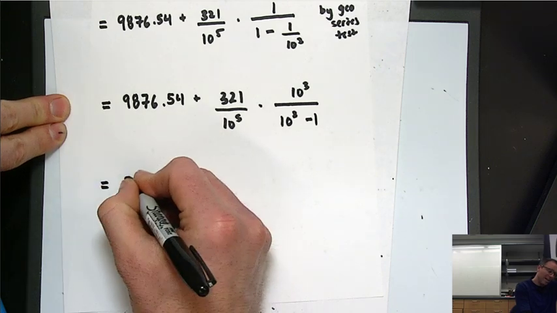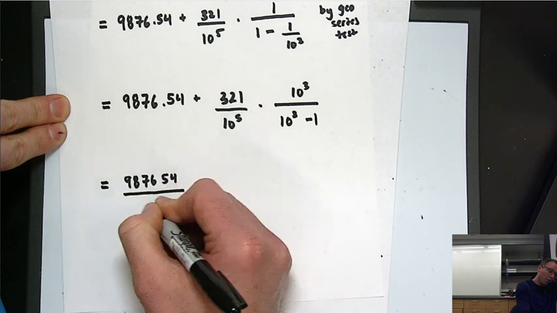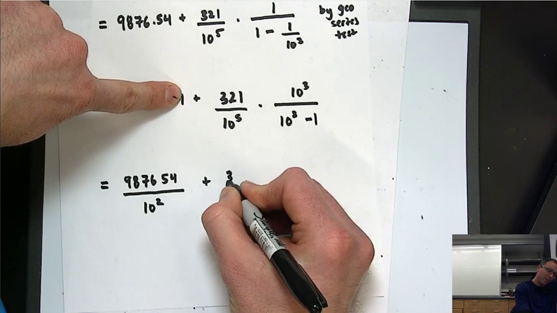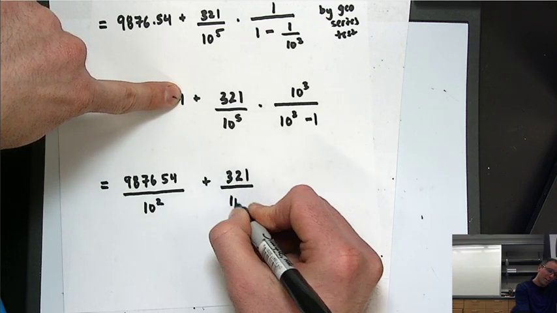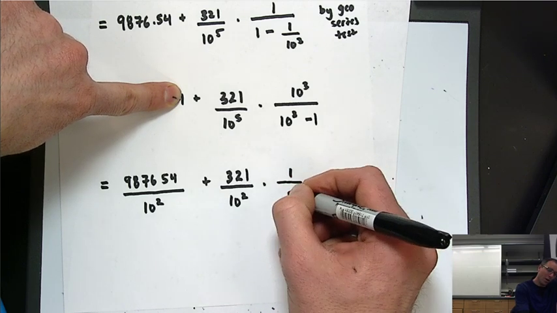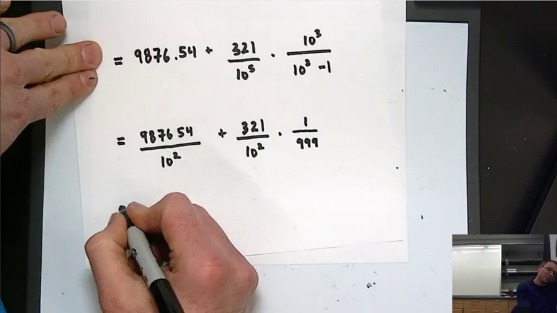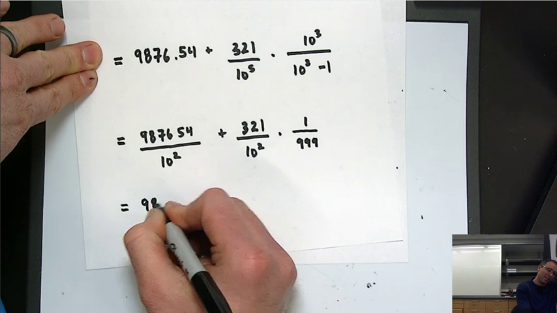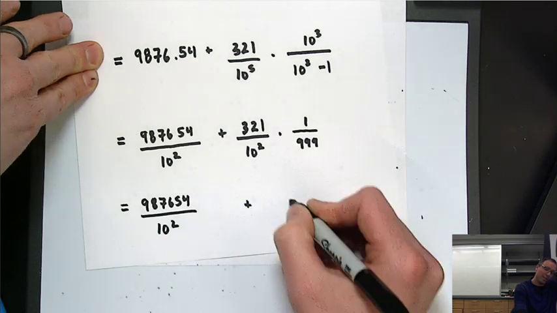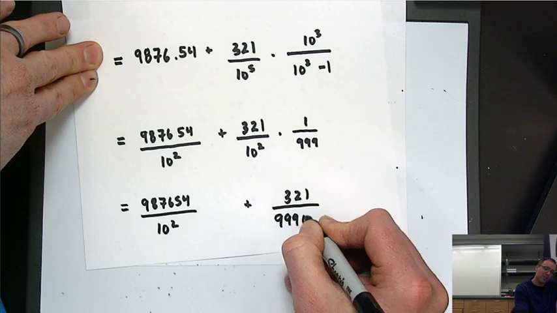Okay, so this would be 987654 over 10 squared plus 321 over 10 squared times 1 over, I think that's going to be 999, right? So this thing's going to be 987654 over 10 squared. And then this thing is going to be like 321 over 3 9s and 2 zeros.